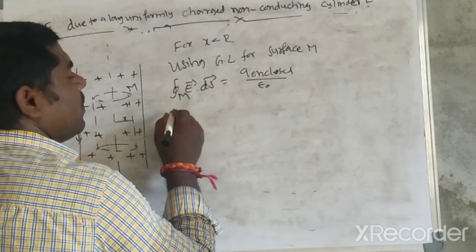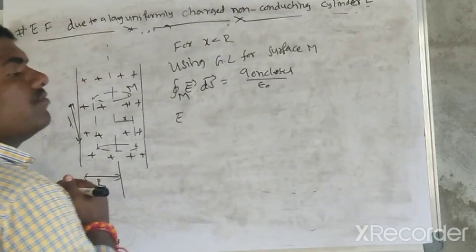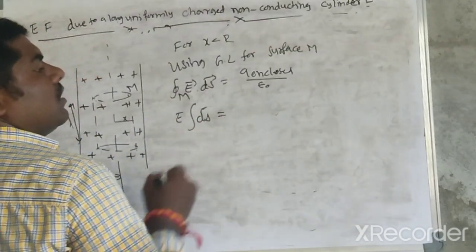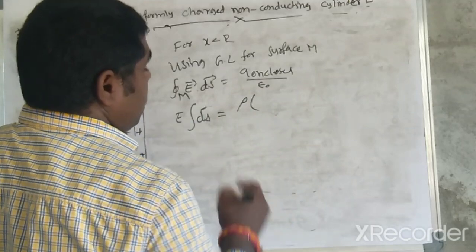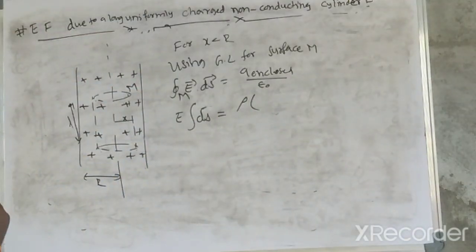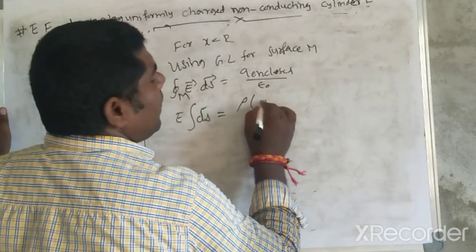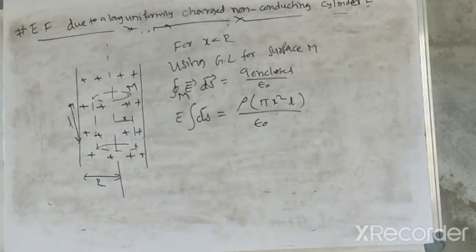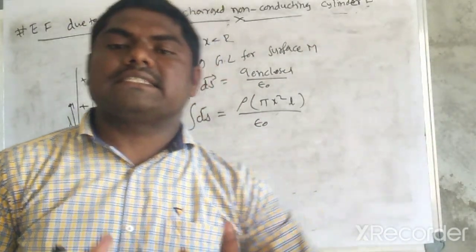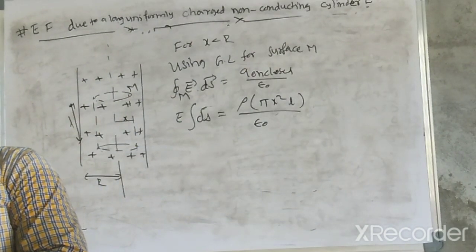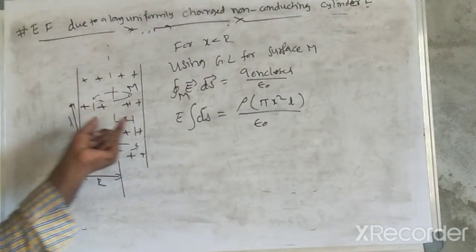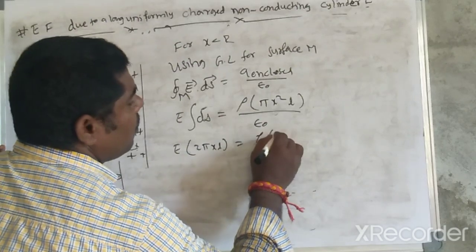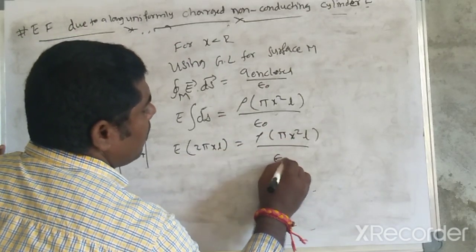So the electric field you may write out of the integral, and the integral ds is the area, which is 2 pi x into L. The electric field times 2 pi x L is equal to rho into pi x square L divided by epsilon naught.